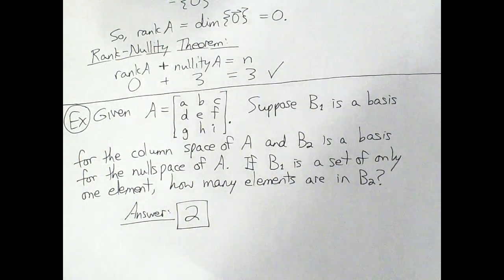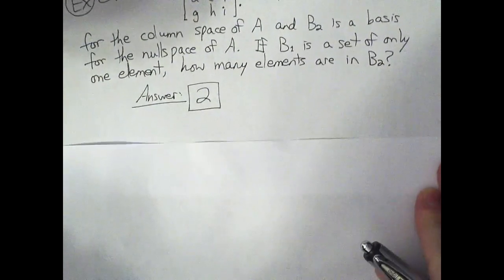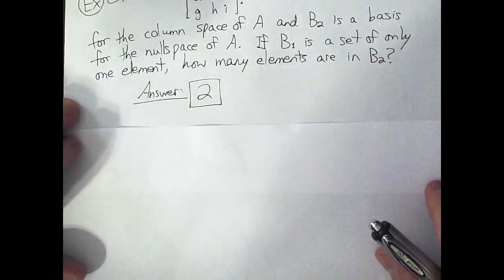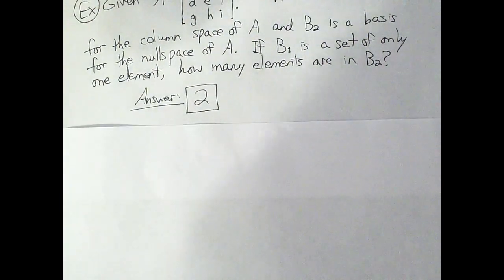So we've done some good examples today of things involving dimension, rank, nullity. We can see how it can help inform us about subspaces and matrices. But now what we'd like to do is get back to the big picture of the course.